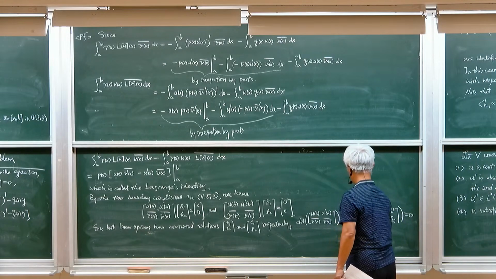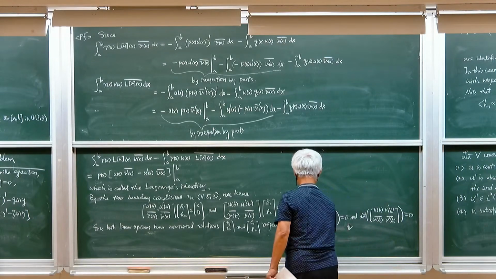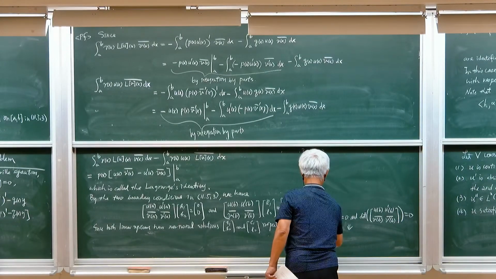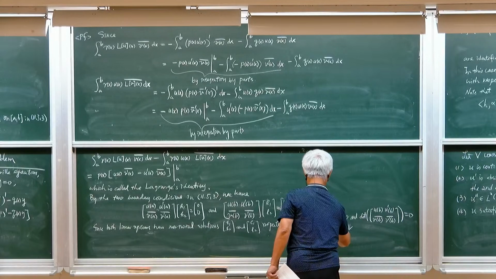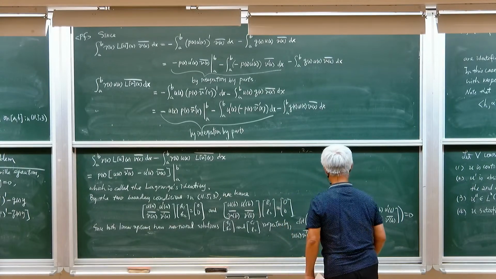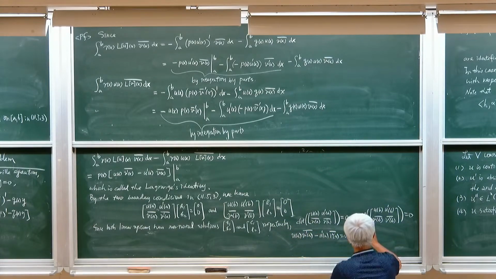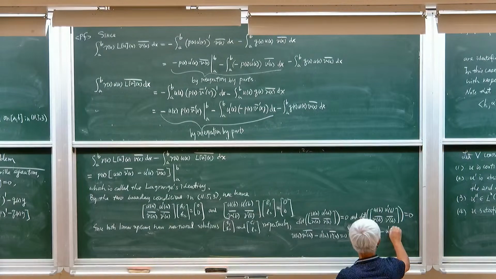And so we know that this says that u(a) v̄ prime(a) minus u prime(a) v̄(a) should be equal to 0. And here, u(b) v̄ prime(b) minus u prime(b) v̄(b) is 0.